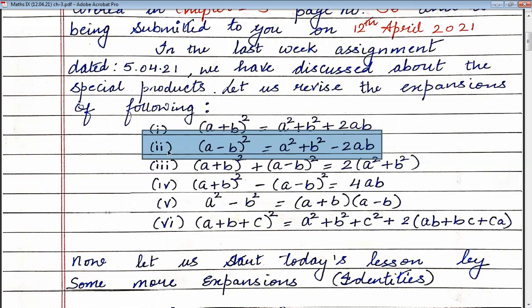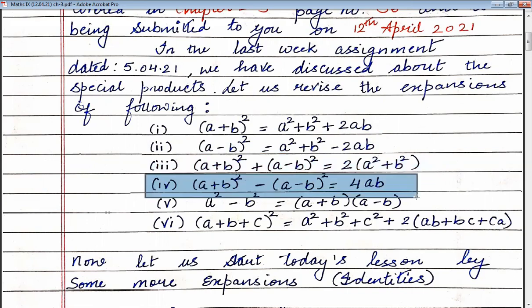The third one: (a plus b) whole square plus (a minus b) whole square is equal to twice (a square plus b square). The fourth one: (a plus b) whole square minus (a minus b) whole square is equal to 4 times a into b.